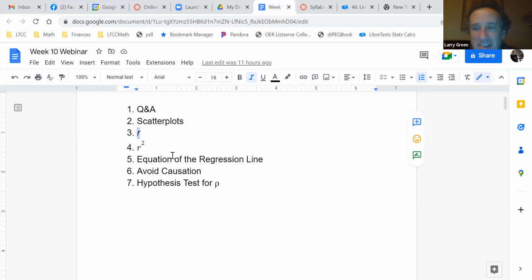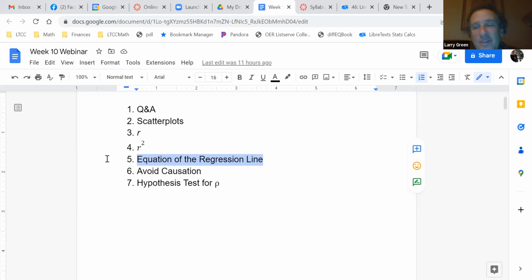We're not going to even think about how you actually arrive at the number mathematically. That's my job. Then we're going to look at R squared, and you may say that's kind of silly because you just square R and that's it. But actually it has a special meaning, and it helps you get interpretations if you know what the square of R is. So it has its own meaning. Then we're going to look at the equation of the regression line, and you've probably heard of a regression line.